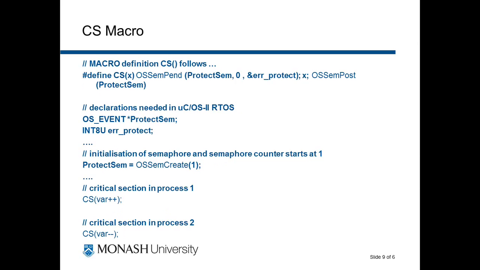Okay, because it's a bit ugly to write so much code, you can use this macro, defined in the microC/OS-II environment. Instead of writing OSSemPend, protect sem and so on, I can just write CS brackets x, where x is the code I want to run.